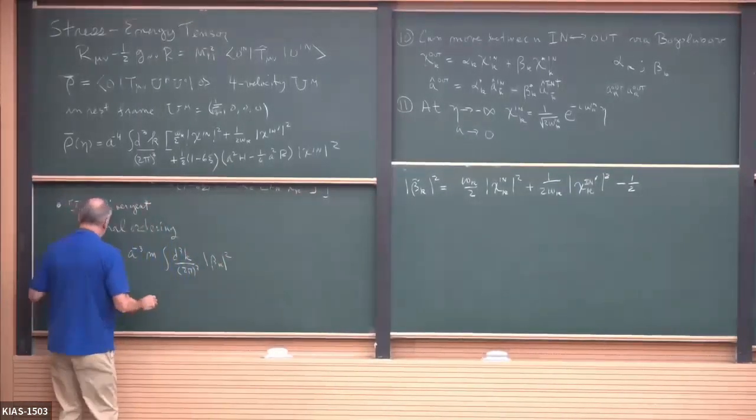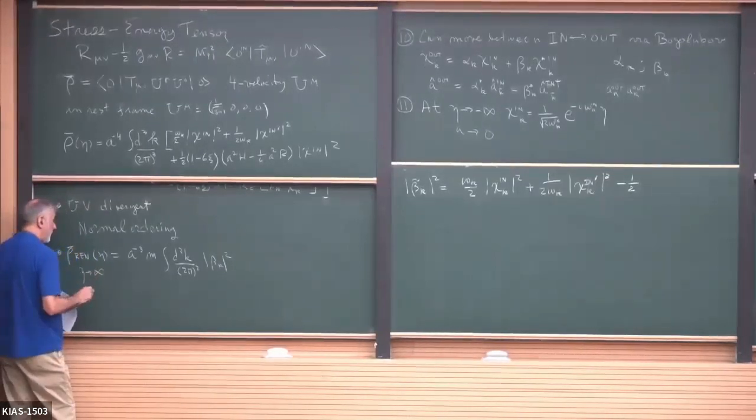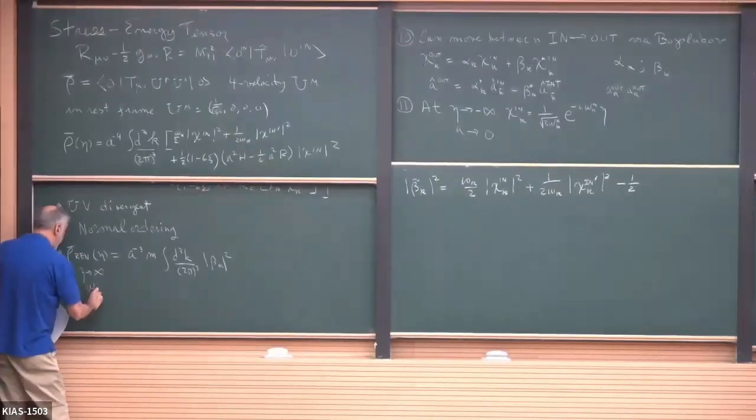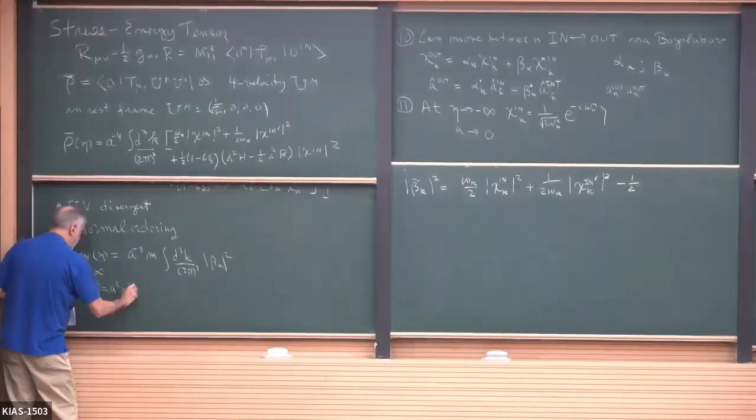This is at late time when omega k squared is a squared m squared.